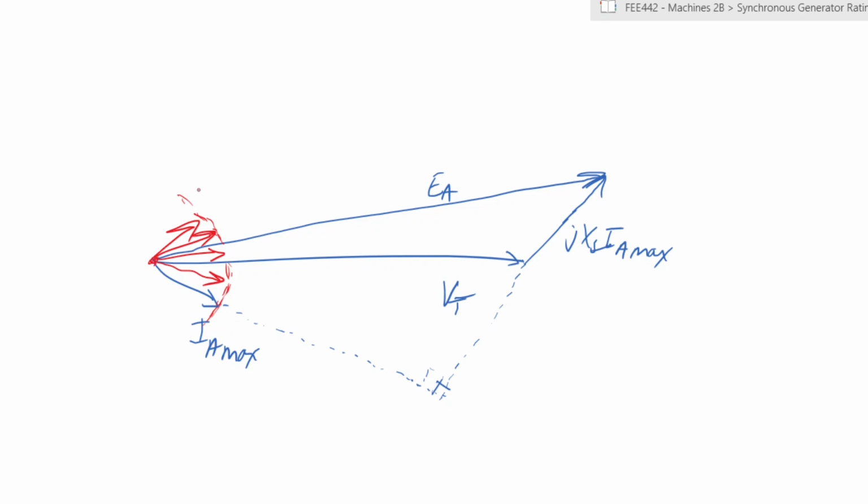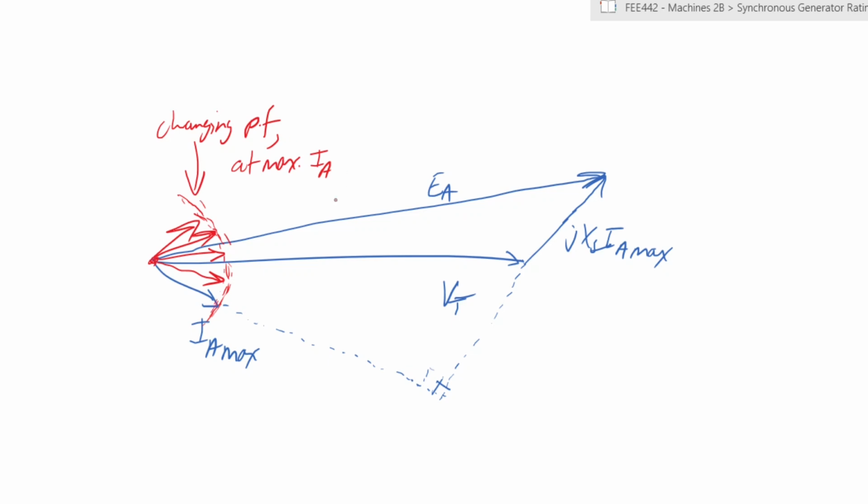We are taking the maximum current that can be drawn from that generator, but we are changing the power factor, keeping IA constant at maximum. That is the locus of the current that will go through.